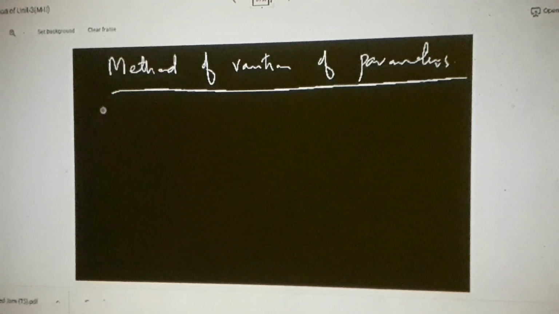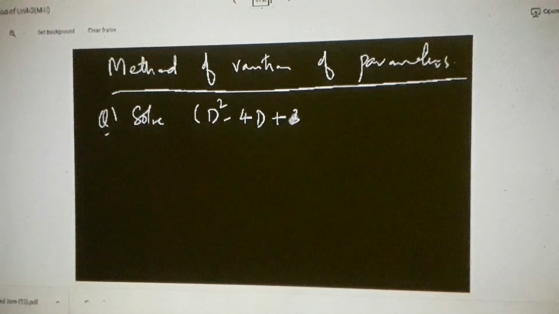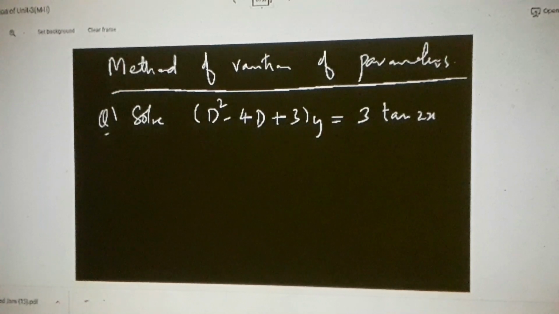So suppose for example the question is solve (D² - 4D + 3)y = 3 tan 2x. Just I am writing a dummy problem. If it is tan 2x, then this cannot be done by shortcut methods, so it has to be done by the method of variation of parameters only.